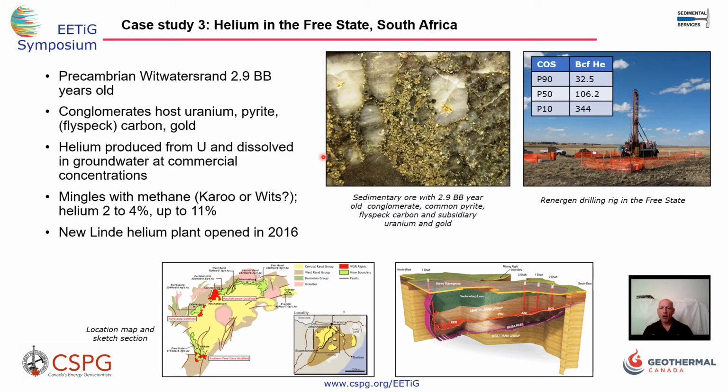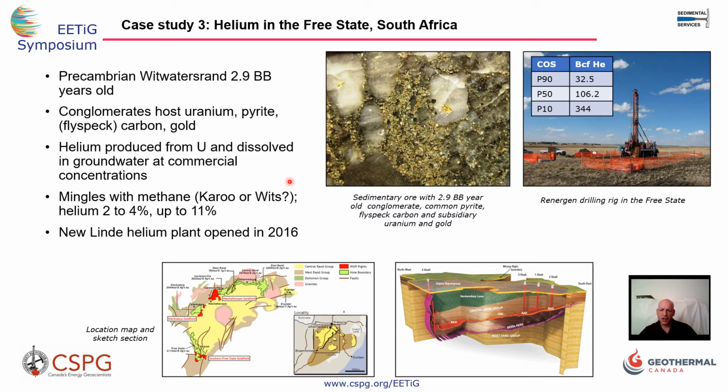Obviously most of the production is concentrated on gold, and in fact this area in the Free State has produced around 5% of all the gold ever mined worldwide. But recently, from 2016, a new helium plant opened up in this area to produce the helium which comes from uranium and is dissolved in groundwater.